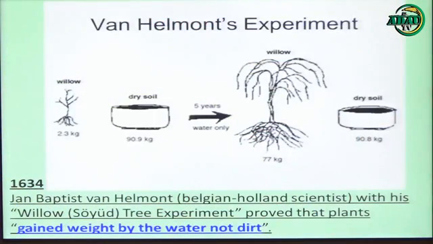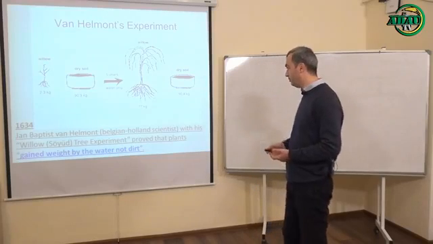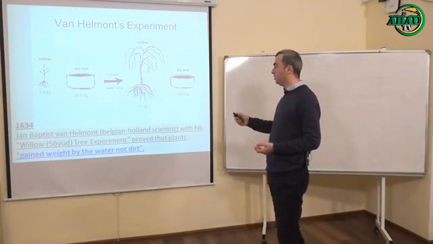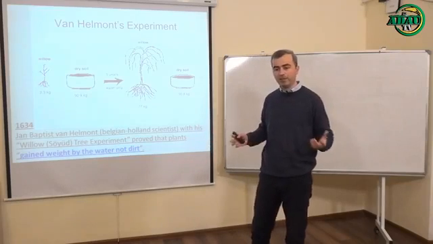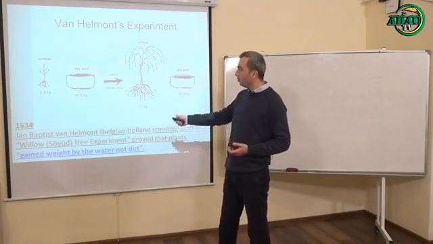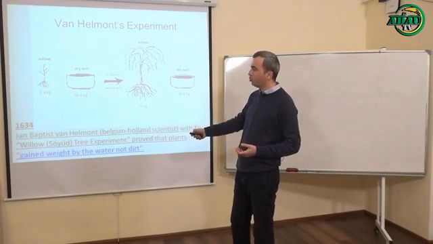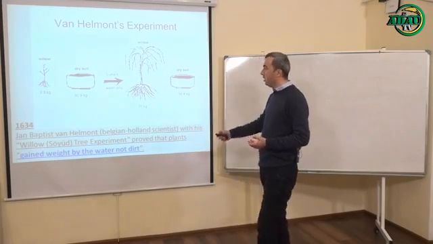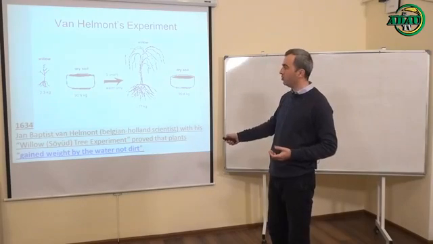Later on, much closer to our years, in the mid-17th century, Jan Baptist van Helmont, the Belgian-Dutch scientist, initiated an experiment where he took a small willow tree weighing 2.3 kilograms, and around 90 kilograms of dry soil.